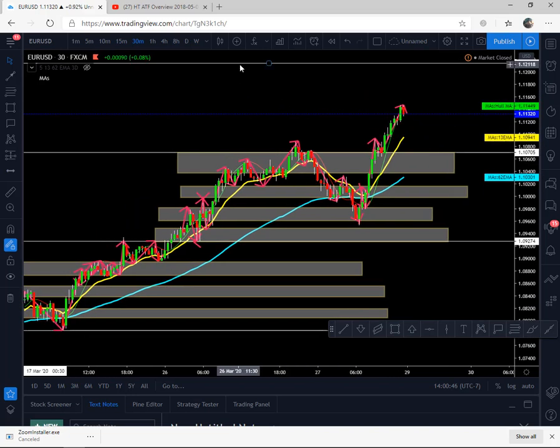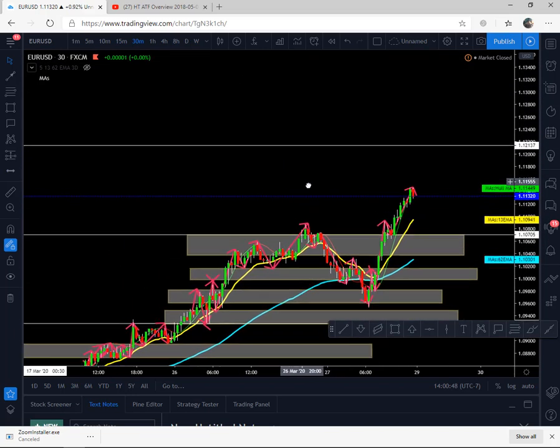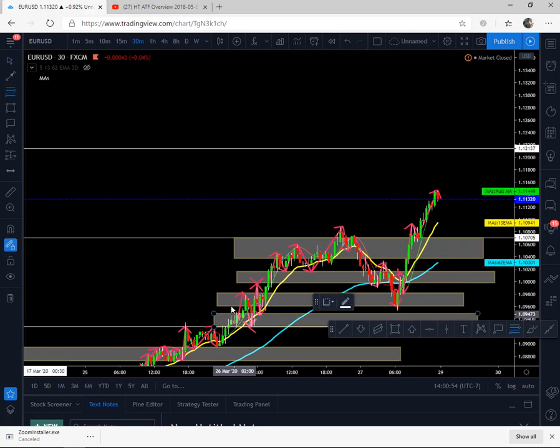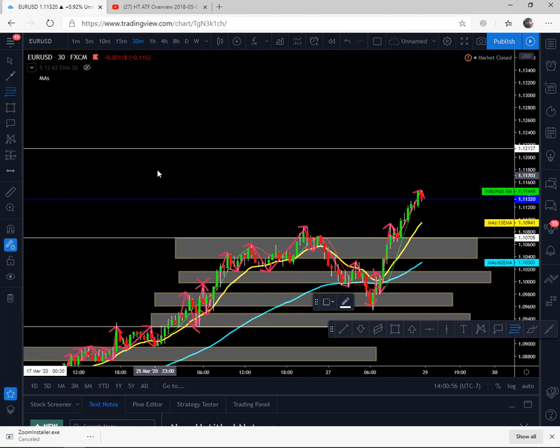So because we have this line up here, we could do pretty much the same thing. Again, apply the same concept that we applied down here.